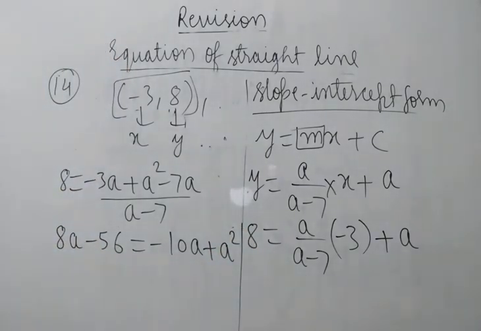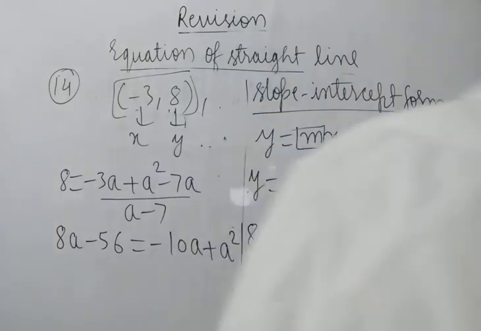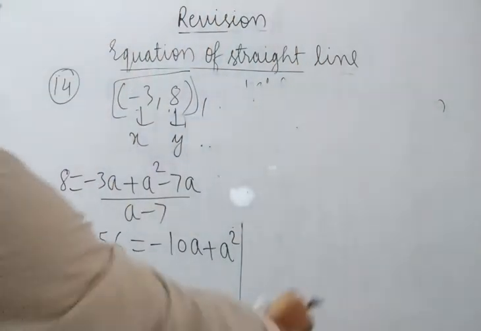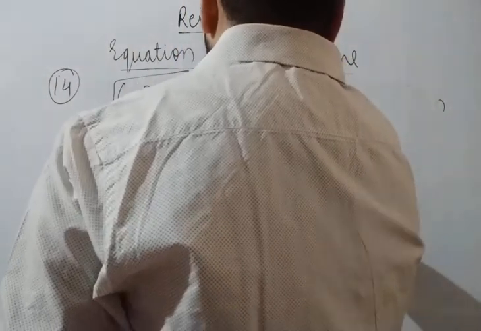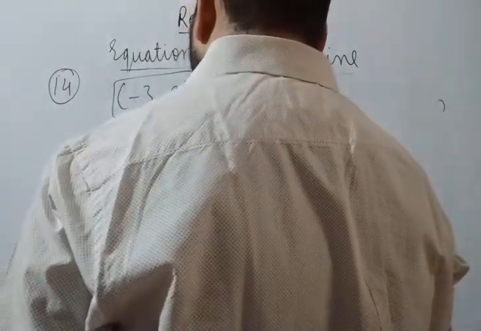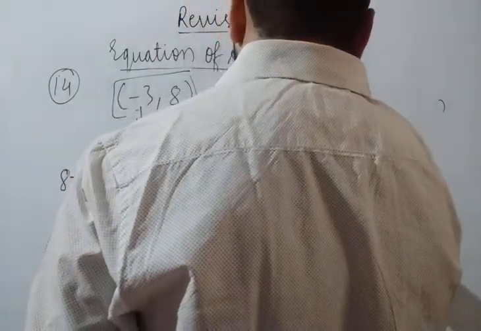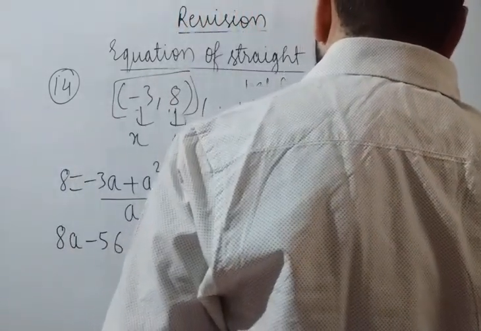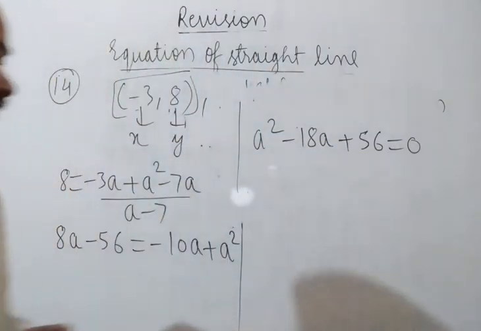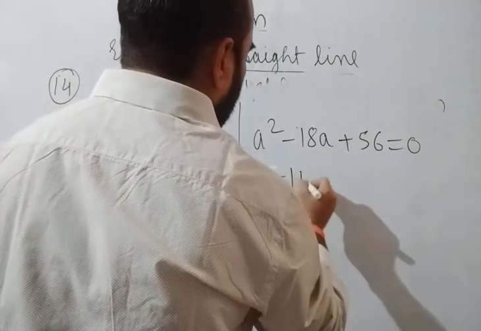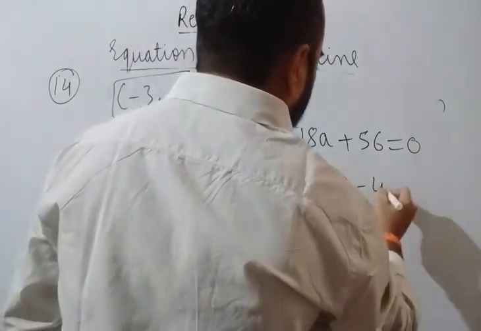Clear? So what will be the final equation? a square minus 10a minus 8a, that is minus 18a plus 56 is equal to 0. This is the final equation. Correct? So this can be written as (a minus 14)(a minus 4).